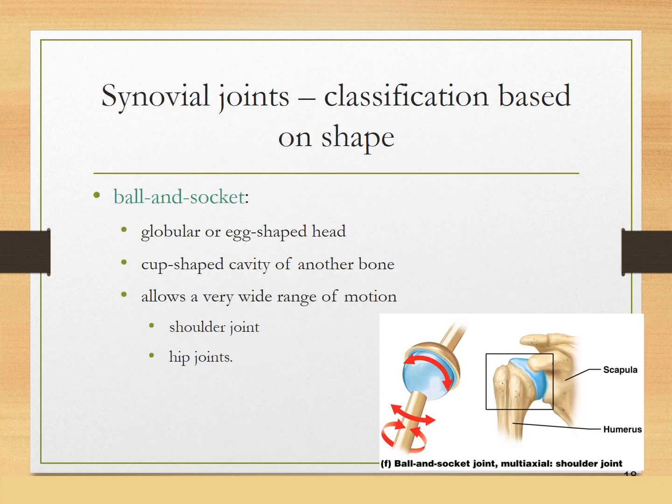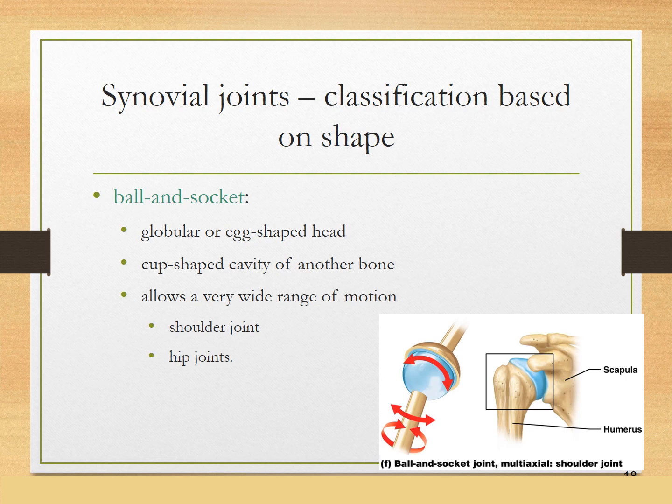Synovial joints can be classified based on their shape, and the shape of the synovial joint dictates its type of movement. The most movable synovial joint is the ball and socket. Here you have a round or egg-shaped head that articulates with a cup-shaped cavity of another bone.